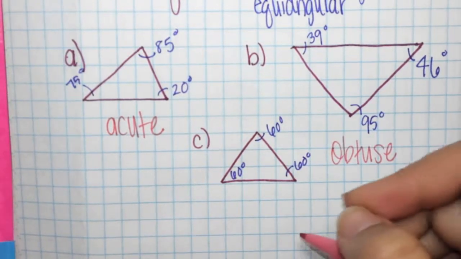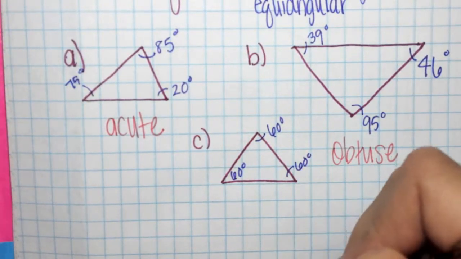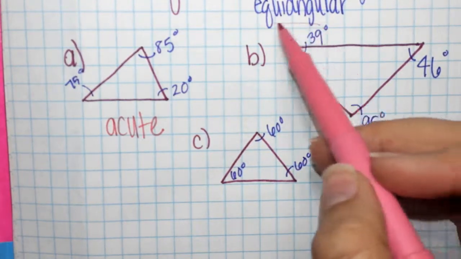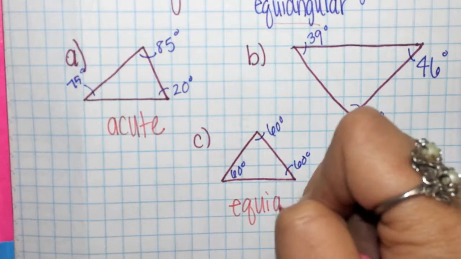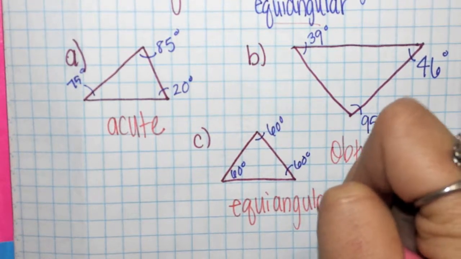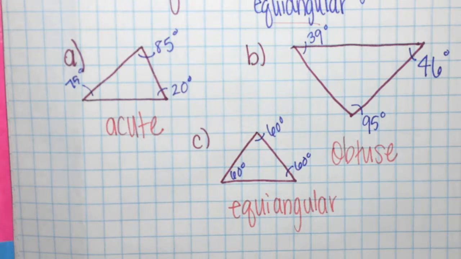No, it's not. There's not a right angle. Equiangular. How do you say it? Equiangular.